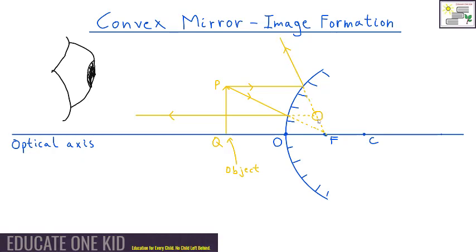So this point here that I have circled, this is where the person thinks the image is. Okay? So the image of this arrow forms at this point here.